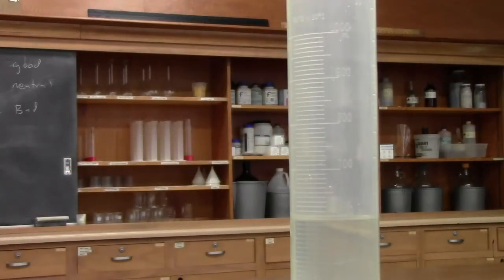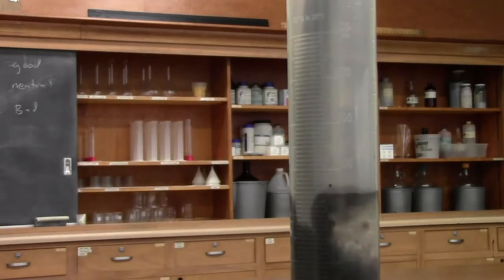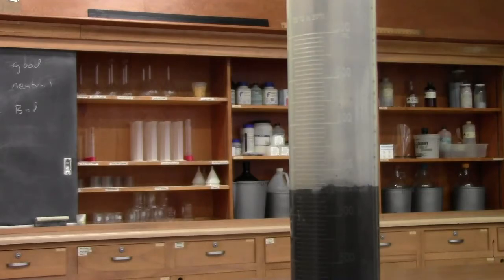Here we have 600 milliliters of water in a graduated cylinder. As we pour the soil into the water, the rise in the water level is caused by the soil particles displacing the water. The increased volume measured in our graduated cylinder is equal to the volume of the soil particles.